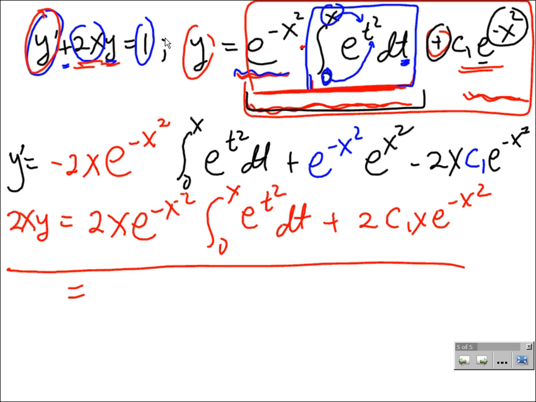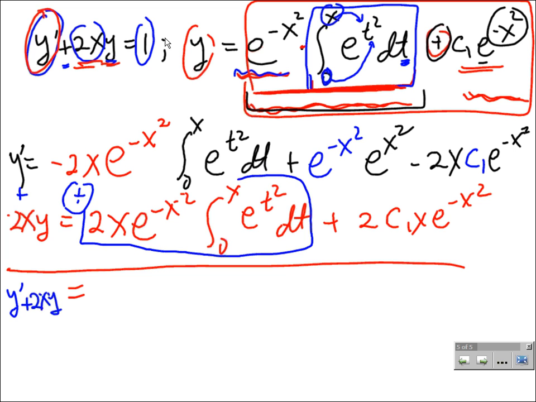I add the left sides and the right sides. When I add the left side, I get y prime plus 2xy. Now when I add the right side, well, I have this piece, and up here, I have the same exact one, except the signs are different.